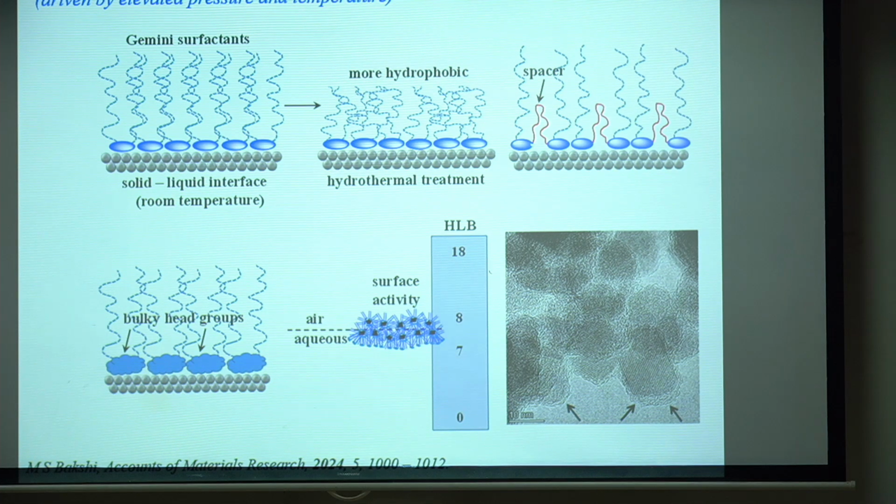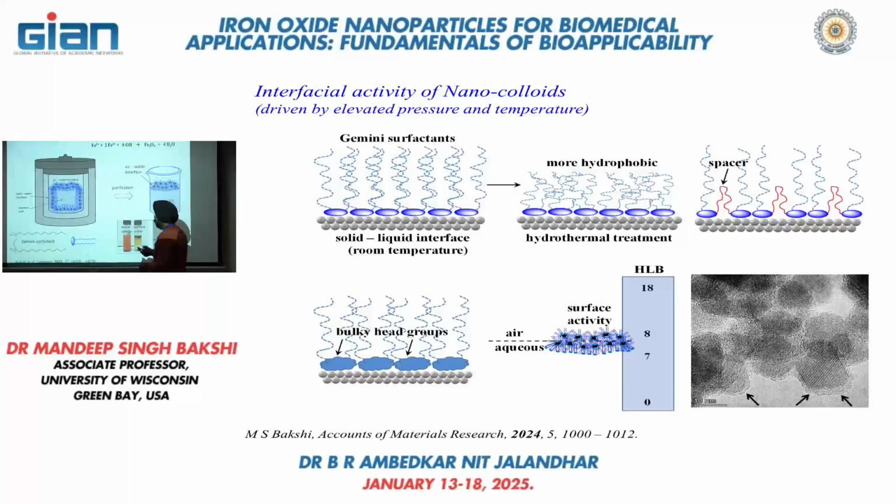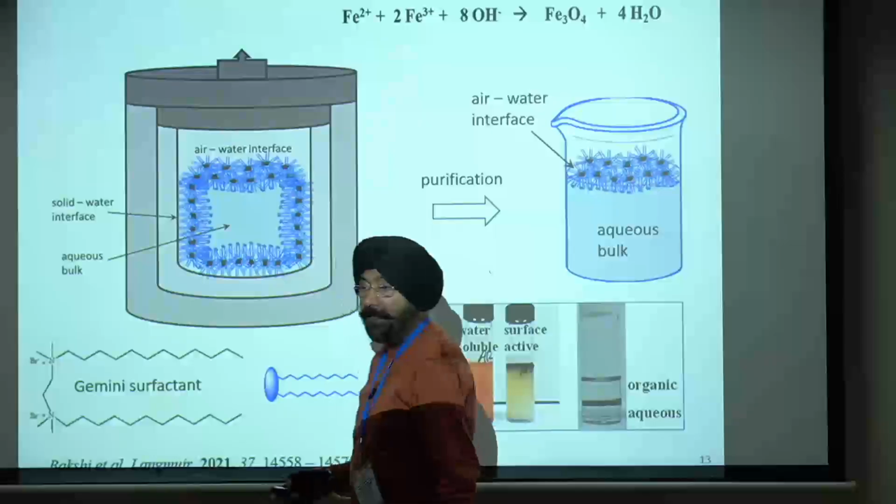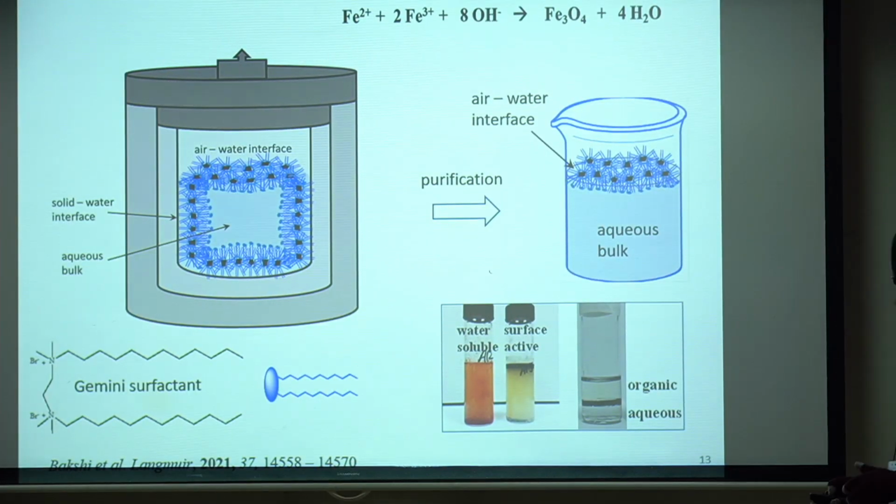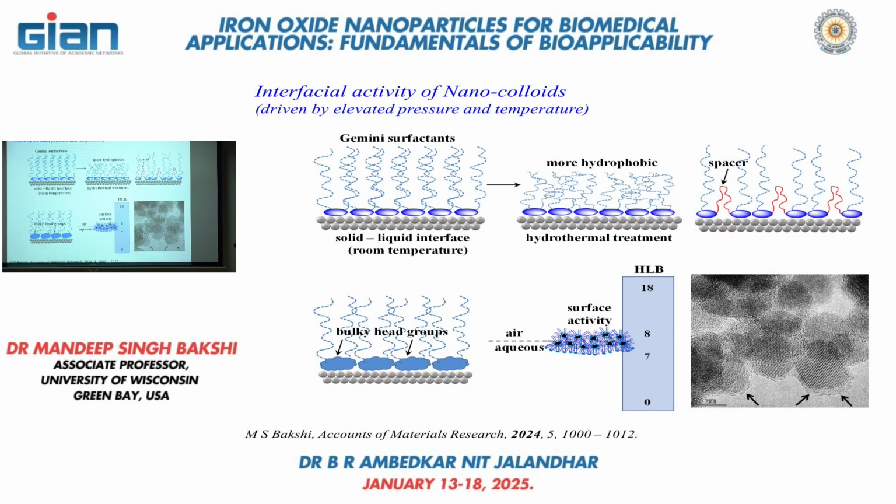What if I have the longer spacer? This is the spacer. We call this a spacer, which connects the two identical parts of the molecule. If we have another Gemini surfactant with a longer spacer, that folds between the hydrocarbon tails. Bottom line, you could have a different kind of Gemini surfactant, but not all Gemini surfactants provide the surface activity or produce surface active nanoparticles.